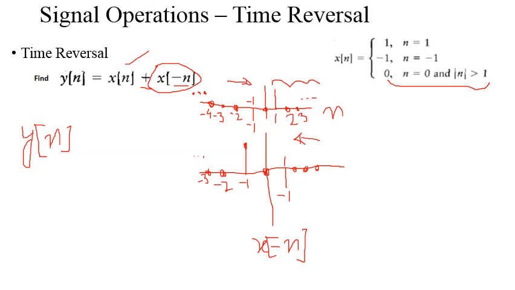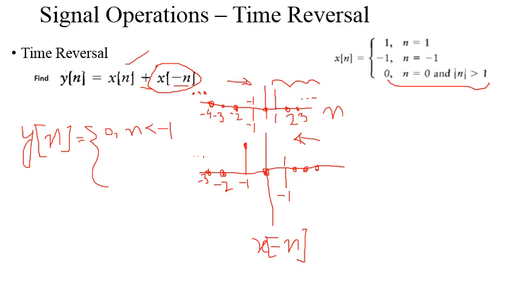So again you can see that from minus infinity up to -2, this signal is 0 and this signal is also 0. So that means y of n will be equal to 0, and we can write it like this: y of n is equal to 0 when n is less than how much? Less than -1, right?